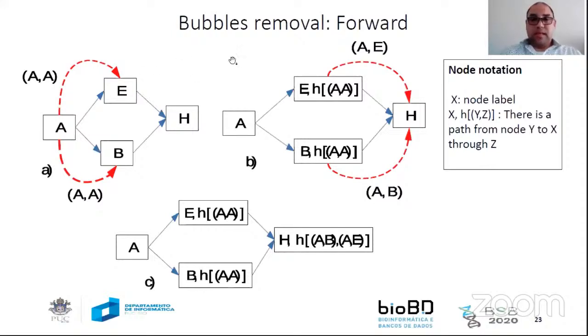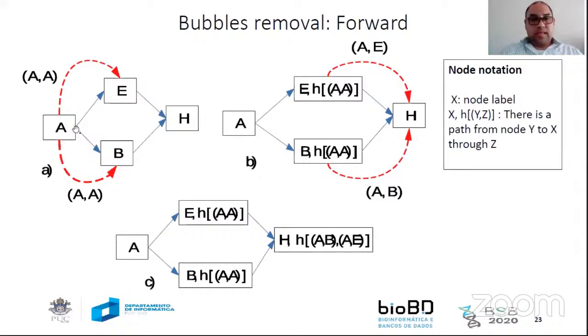To identify the paths, every node stores a history. What is the meaning of history? There is a path from node i to x through phi. So this means that, in the history, if the destination node exists, we apply a heuristic to determine which path will be removed.